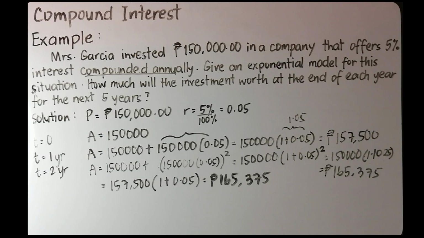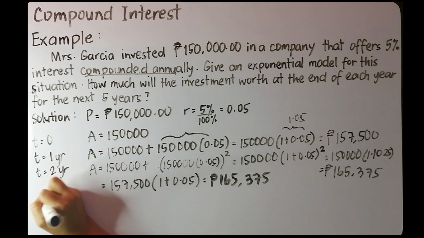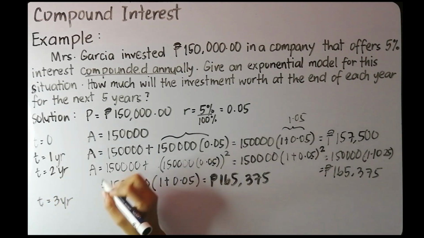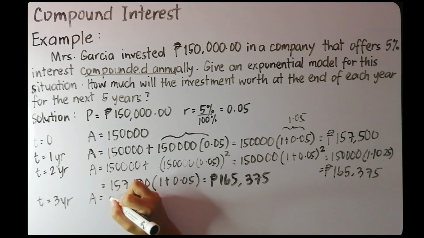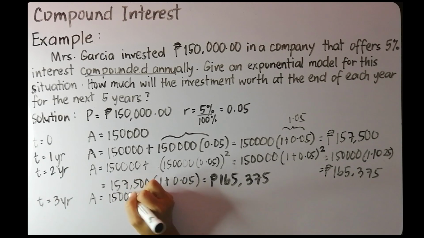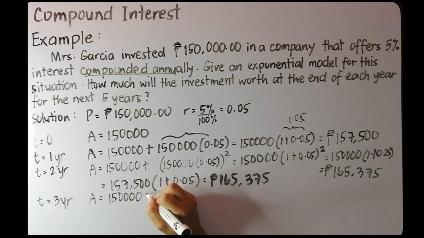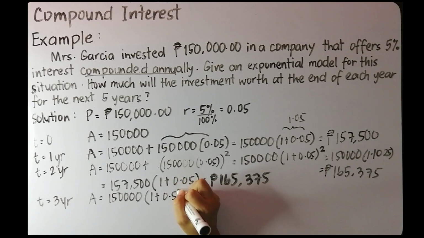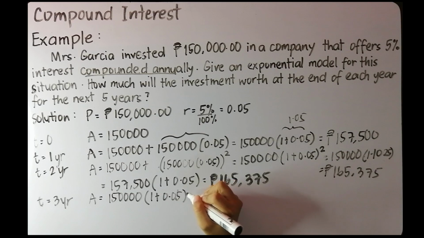How about for the third year? We have the amount 150,000, and we multiply it by the quantity 1 plus 0.05 raised to 3.